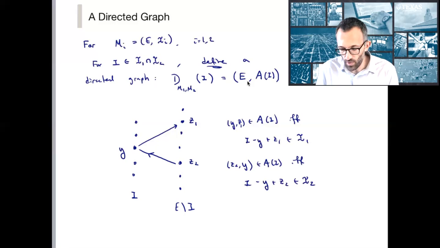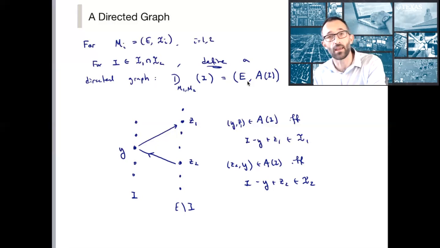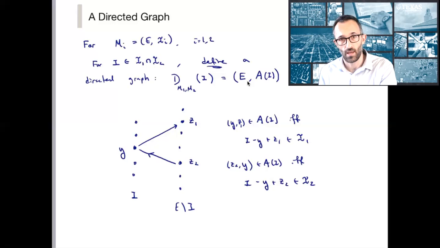So again, whenever you have an edge, regardless of directionality, it means that I'm taking away y, that's already in the independent set, and adding the other endpoint. And the directionality is really just a label that is telling me, am I guaranteed to be in the independent set for Matroid 1 or Matroid 2? Okay, so this is what this means. Don't be tempted to think that an arrow from z2 to y means that I am taking away z2 and adding y.